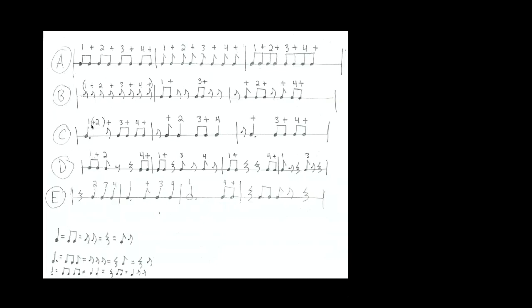Here, I put in parentheses the beats that are going on while you're holding the dotted quarter note. You would not say these beats, but I do want you to be aware that during this time of the dotted quarter note, beat 1, the and of 1, and beat 2 are all reserved in the timeline.